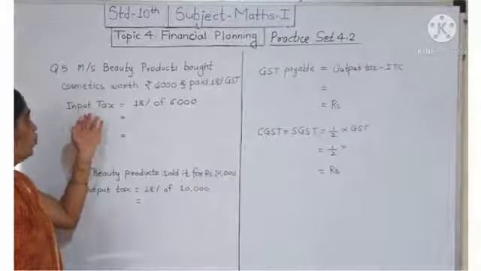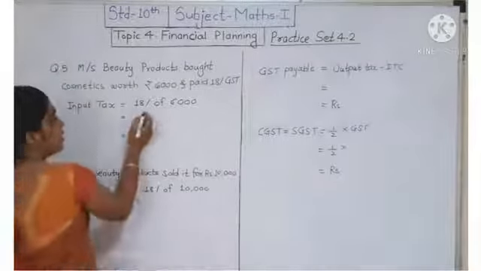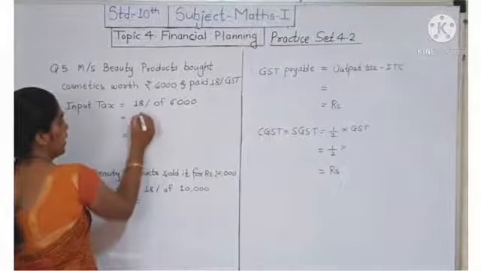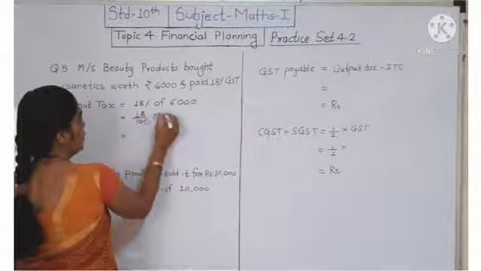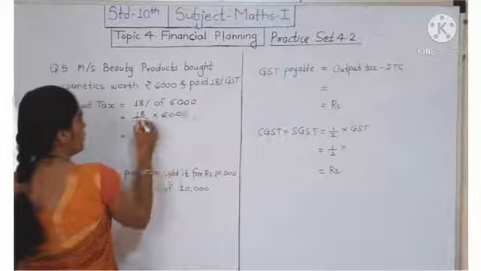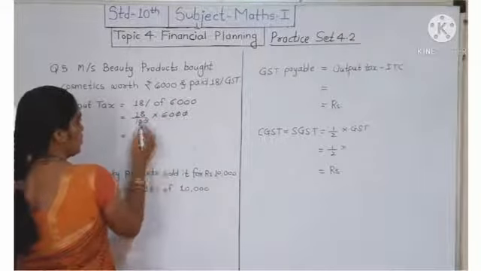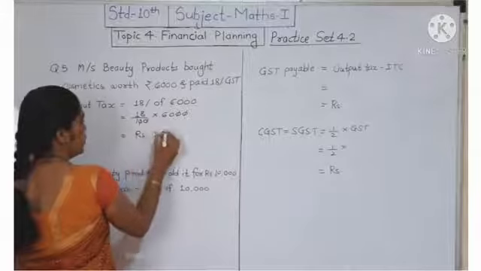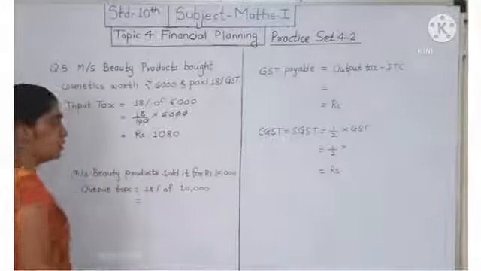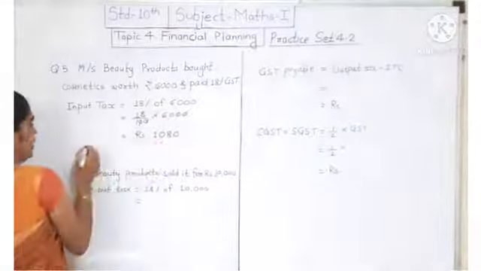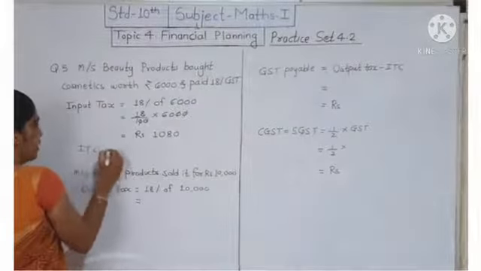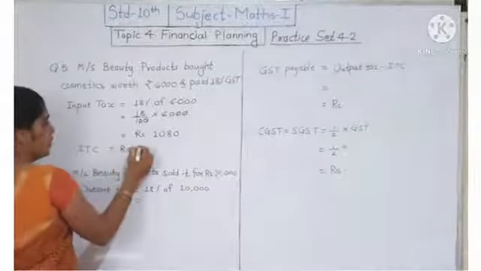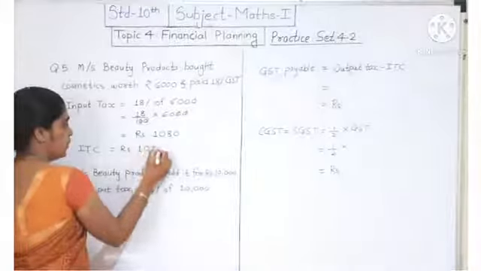So her input tax is 18% of 6,000, means 18 divided by 100 into 6,000. Zeros will cancel. That is rupees 1,080. That is input tax credit is equal to rupees 1,080.